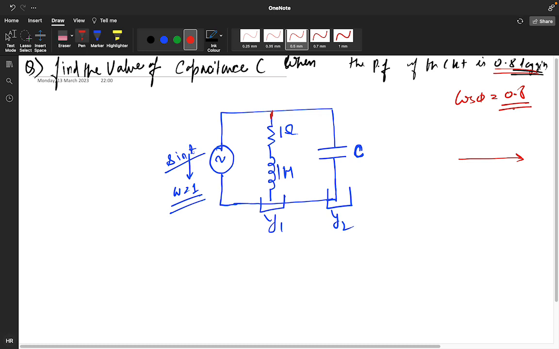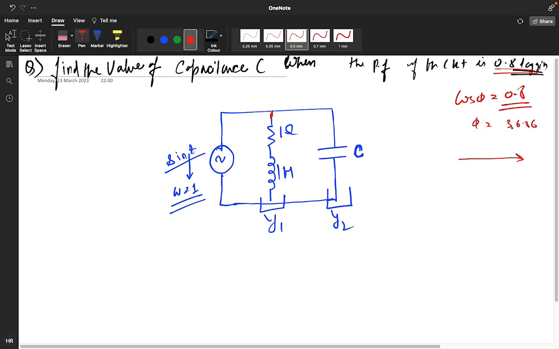Cos inverse 0.8 is 36.86. So the phi angle is given as 36.86.